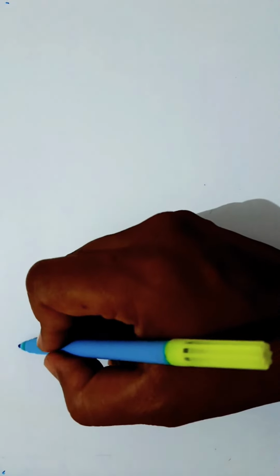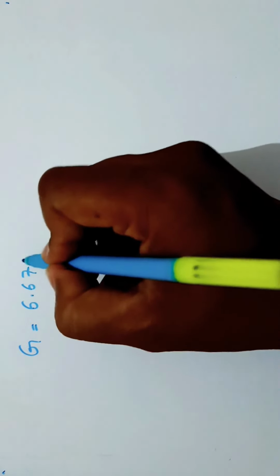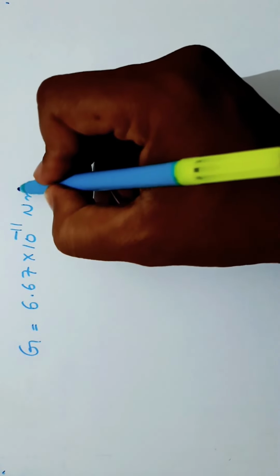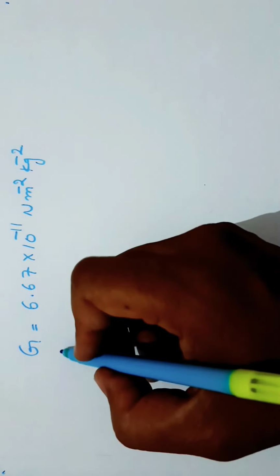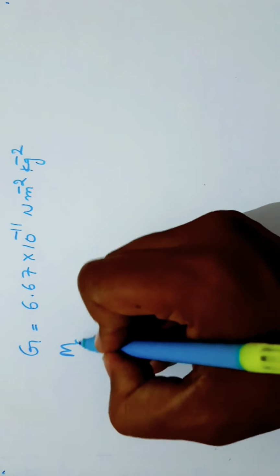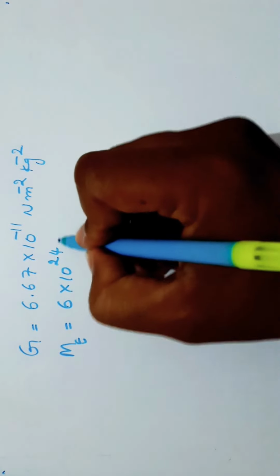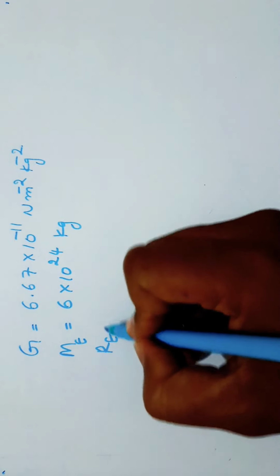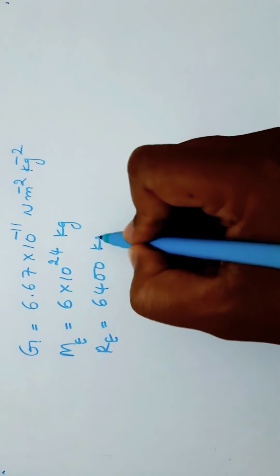Here we know universal gravitational constant G is equal to 6.67 into 10 to the power of minus 11 Newton meter square per kg square, and mass of the earth is known, so that is 6 into 10 to the power of 24 kg, and radius of earth is known value, that is 6400 kilometer.